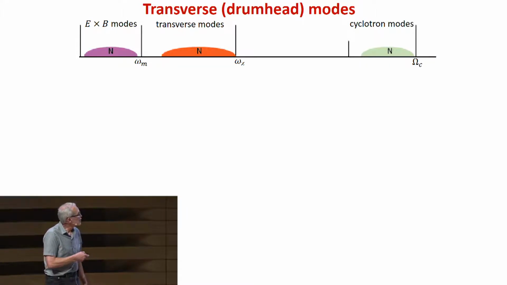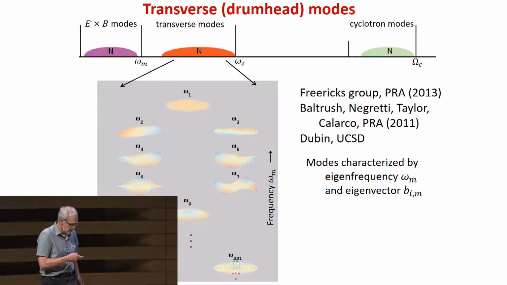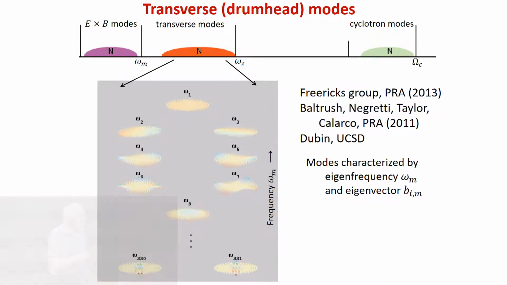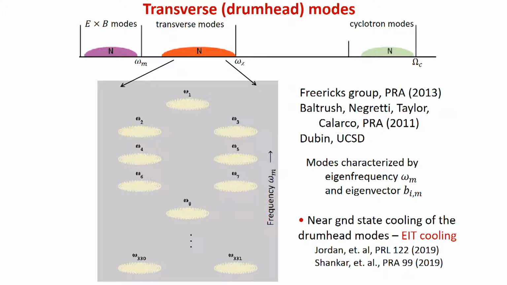You'll see why they're called drumhead modes in this video, which shows the calculation of the drumhead modes for a 331 ion crystal. We got this from the Freericks group. The highest frequency drumhead mode is the center of mass mode, and as the wavelength of the mode goes down, the frequency goes down. I'd like to advertise, but I won't talk about, that we can near ground state cool all of these drumhead modes with a technique called EIT cooling.